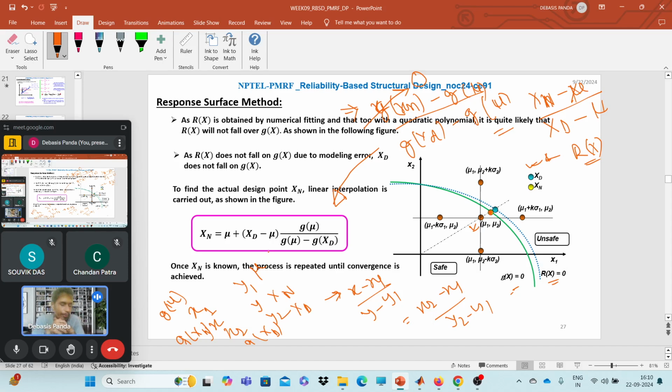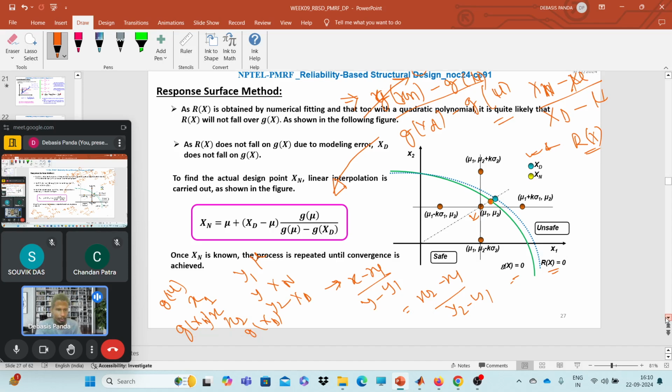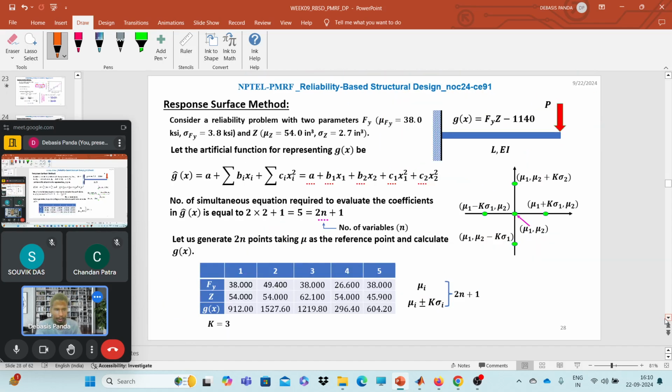Why? To interpolate the final design points, obtained using the first order or second order gradient based reliability method, with the mean values, so that our response surface will fall over the limit state. It's kind of a check. We will see how this procedure actually works.